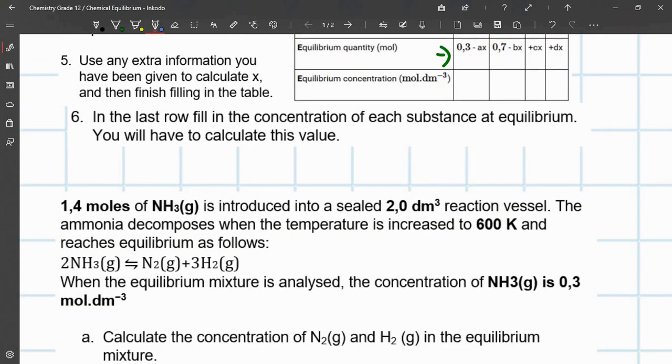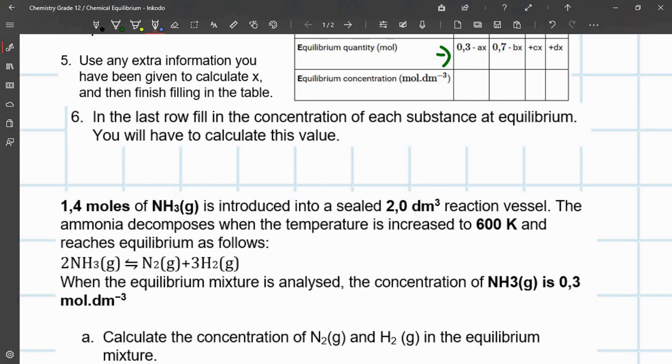So it says 1.4 moles of NH3 is introduced to a sealed 2.22 decimeter cubed reaction vessel. The ammonia decomposes when the temperature is increased to 600 Kelvin and reaches equilibrium as follows: 2NH3 gives you N2 and 3H2, that's nitrogen and hydrogen.